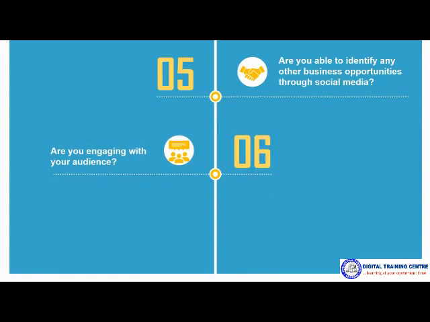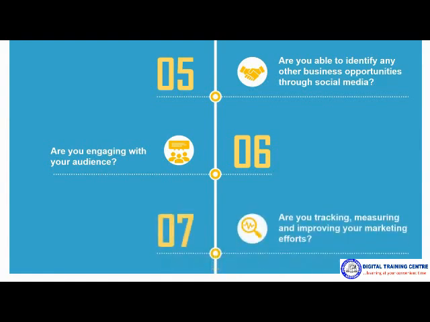However, a like or a reaction to their sharing of your post or their comment makes them feel as though you see their contribution. And number 7, are you tracking, measuring, and improving your efforts? You had better be after our last lesson, which showed you how to set your goals, align them with your social media goals, choose the relevant KPIs, and how to interpret that data and take action on it.